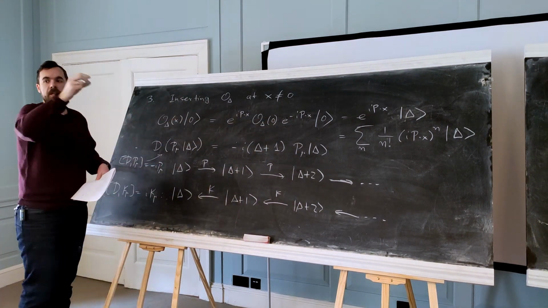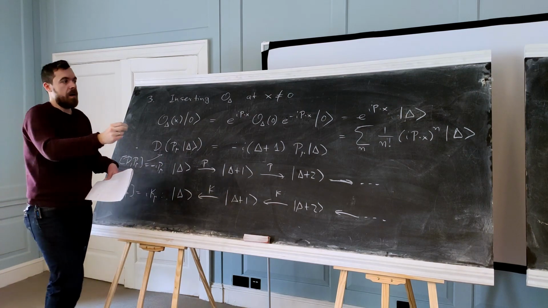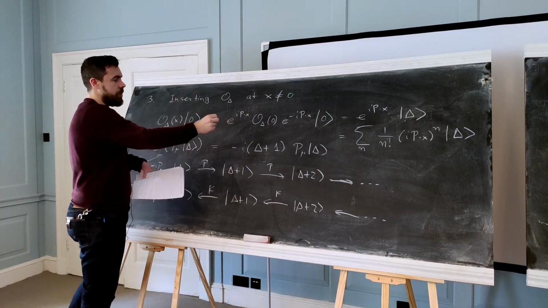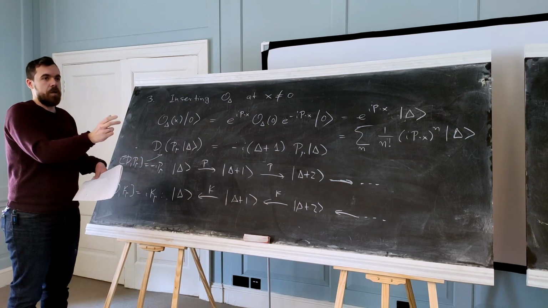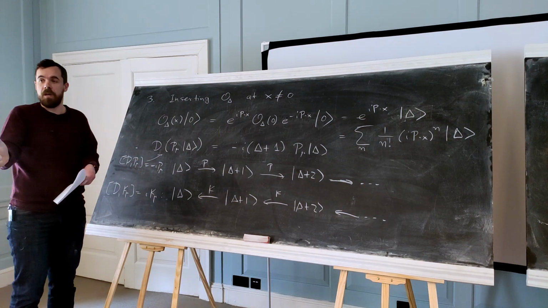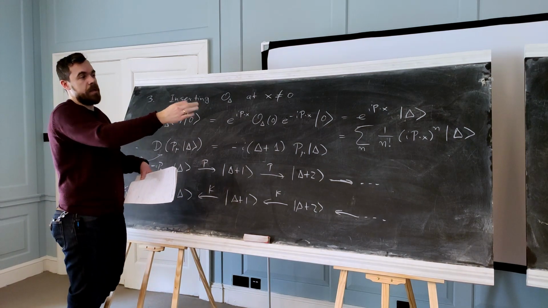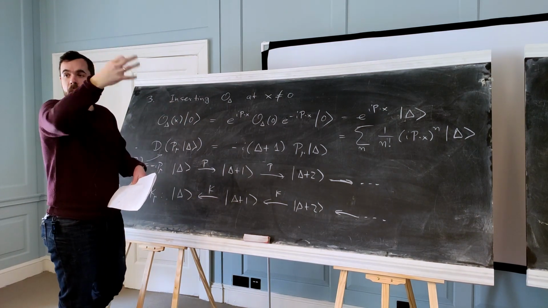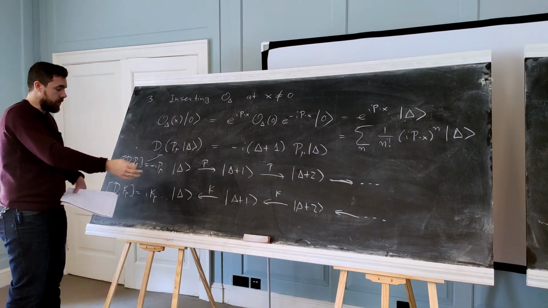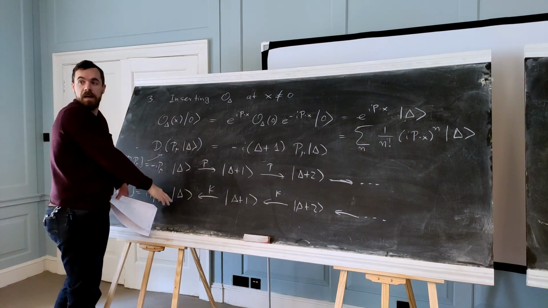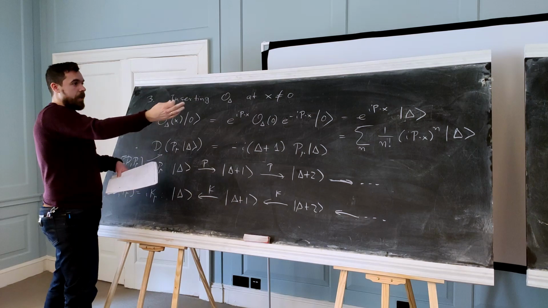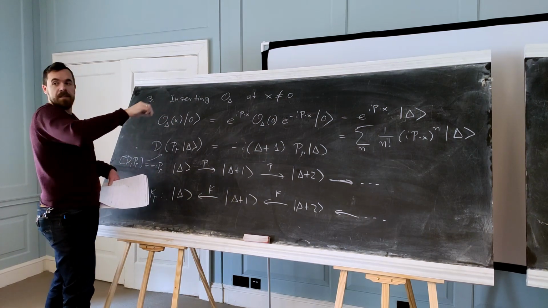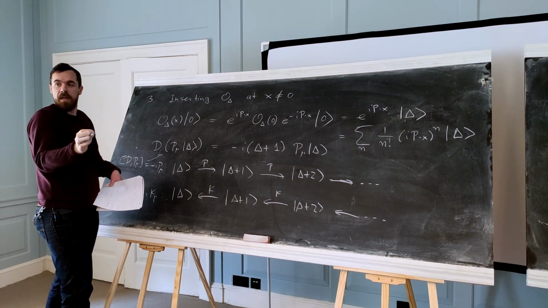Any particular point I want, and define my radial quantization and do this mapping. The reason why we choose 0 is because when we insert an operator at the origin, we know that the action of k mu annihilates the operator. So similarly here, we want to create a state that has a similar property on the Hilbert space, which is this delta state that is generated when you insert the operator at the origin. Any operator you insert not at the origin inside the sphere is fine, you can do that.